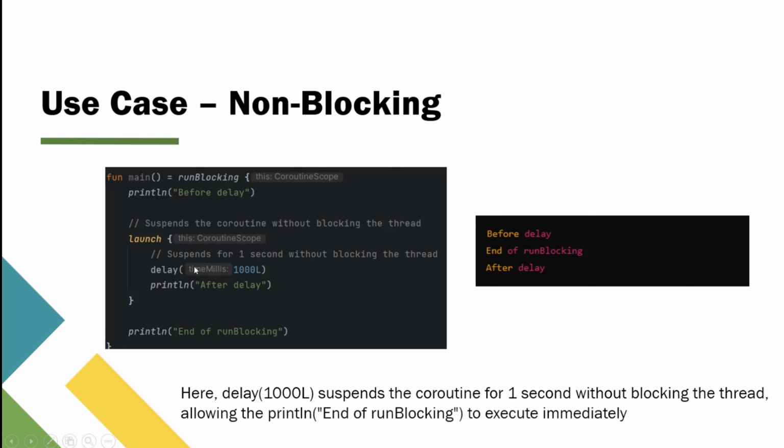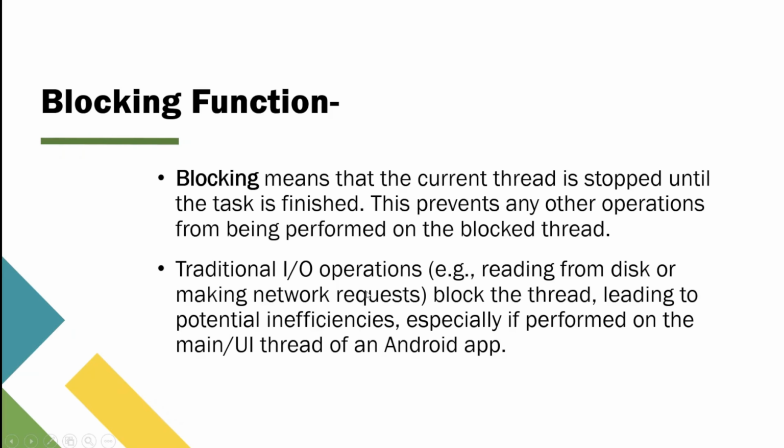Meanwhile, it waited for this much time to execute this operation. So here a delay of 1000 milliseconds suspends the coroutine for 1 second without blocking the thread, allowing the println end of runBlocking to execute immediately. So this was about the suspending function.